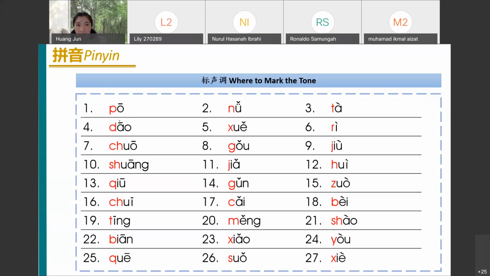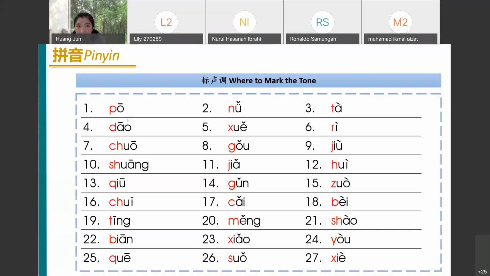Let's make a deal in the future for our class. Thank you for the response in WebEx chat. Yes, rule number 4 is the answer for why in number 13 and number 9 we don't choose the letter E over there. It's because we have special rules.